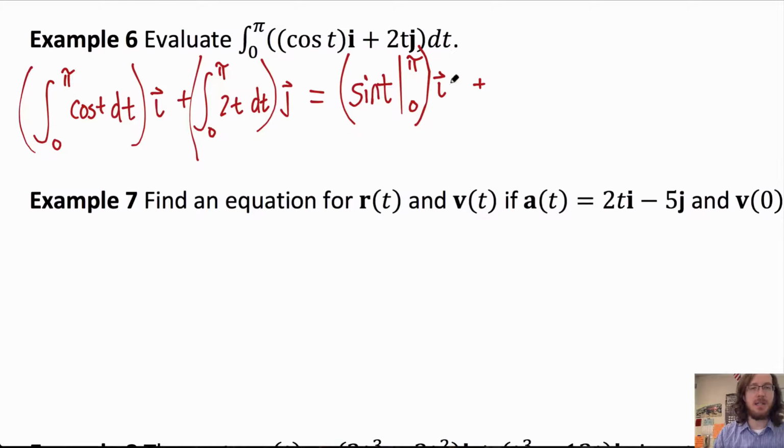And our second piece here, integral of 2t is just t squared. We want to integrate that from 0 to pi. That's going to be our b value times vector j.